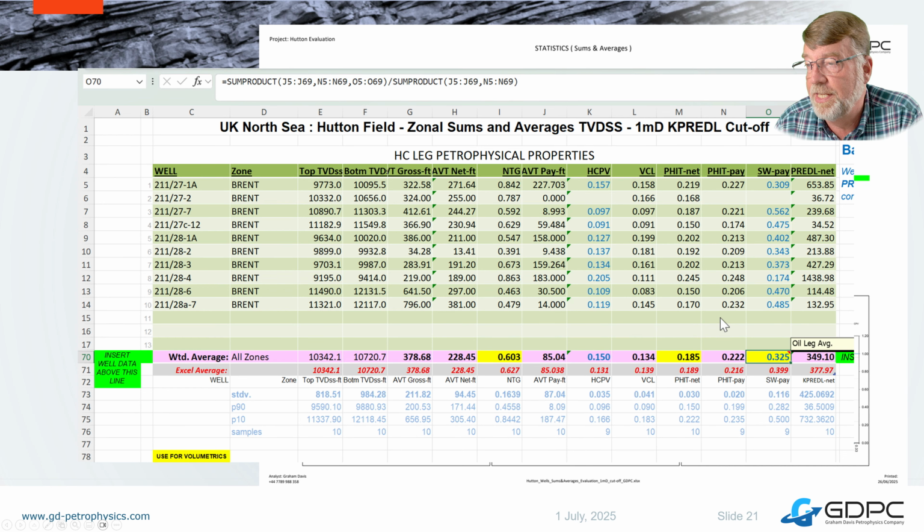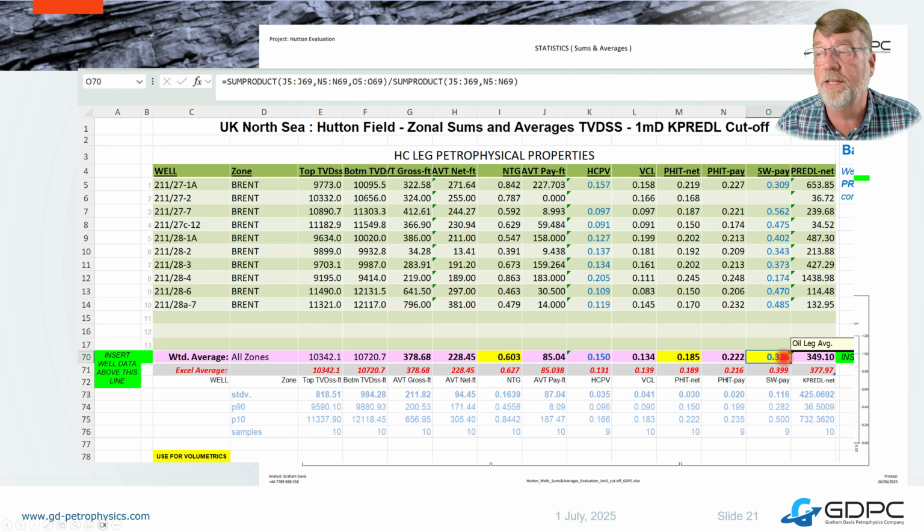And if we go on to this last one here, the correctly weighted water saturation is the apparent pay thickness in this case times the porosity over the pay, times the water saturation, divided by the net pore volume, and then you get the correctly weighted saturation.